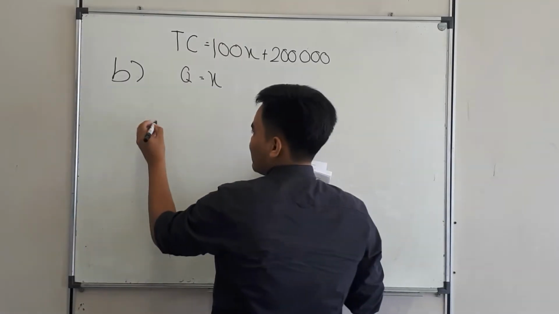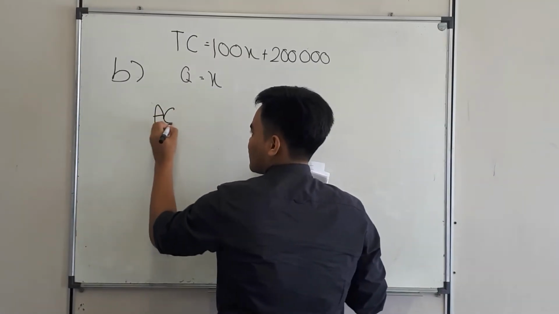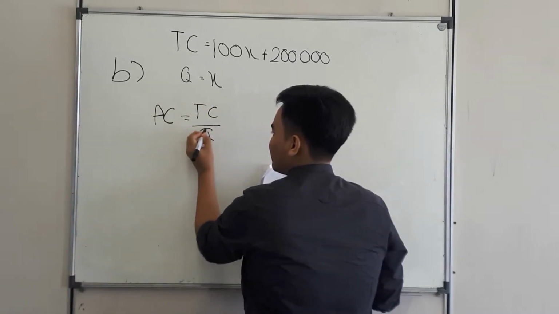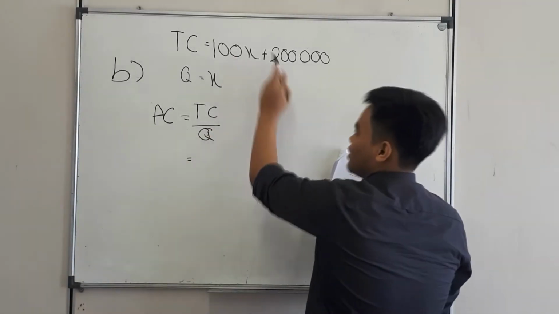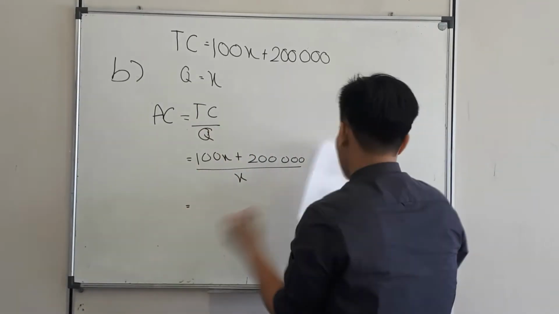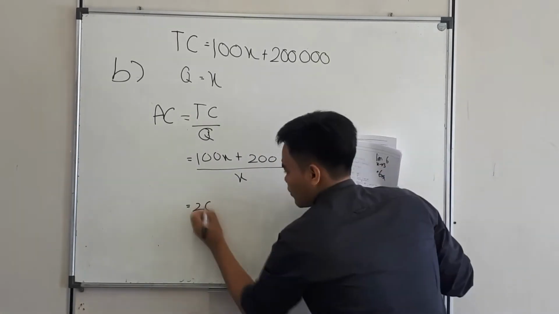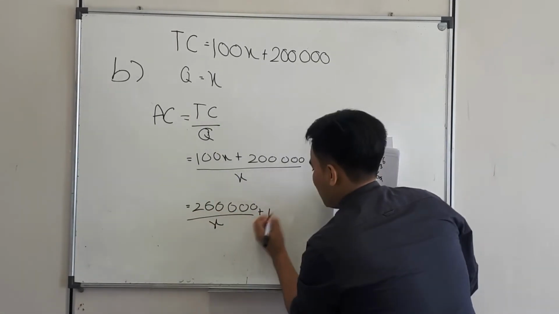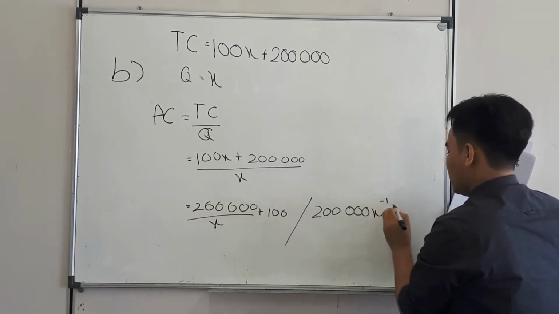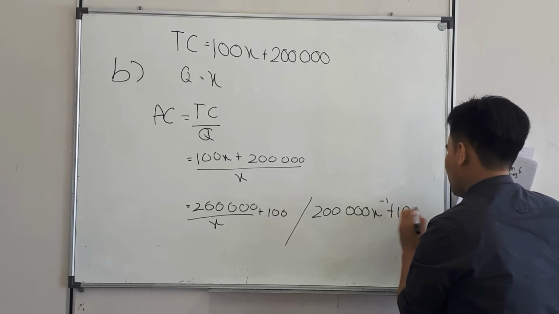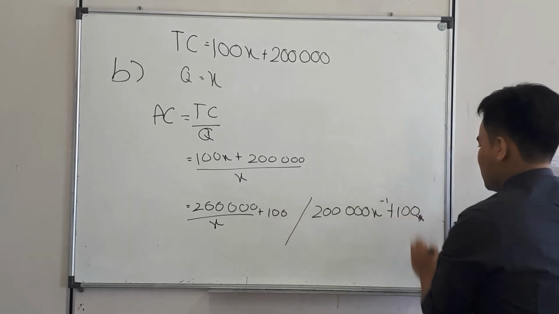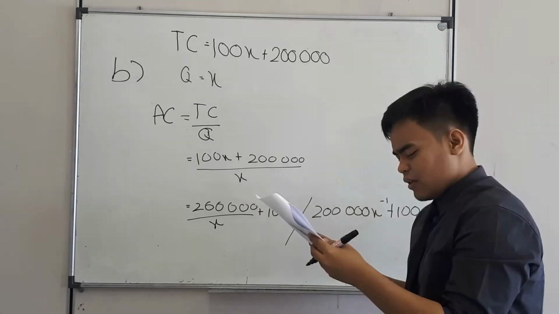First, we know that average cost is total cost per quantity. So the average cost is 100x plus 200,000 over x, which is 100 plus 200,000 over x. Okay, this is the answer.